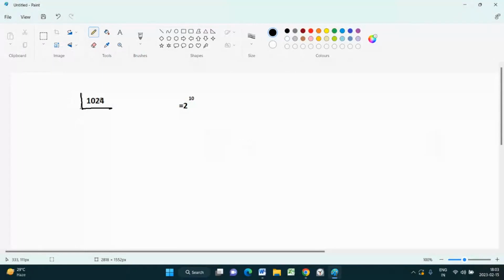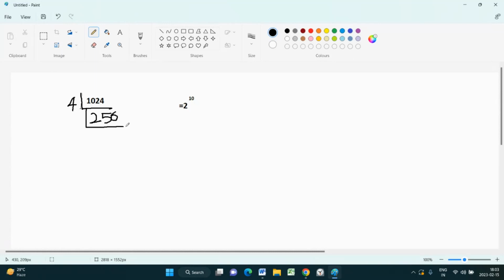So I know that 1024 is divisible by 4. I am just dividing this number. 2 4s are 8. Remaining 2, 22. 5 4s are 20. 2 remaining, 24. 6 4s are 24.